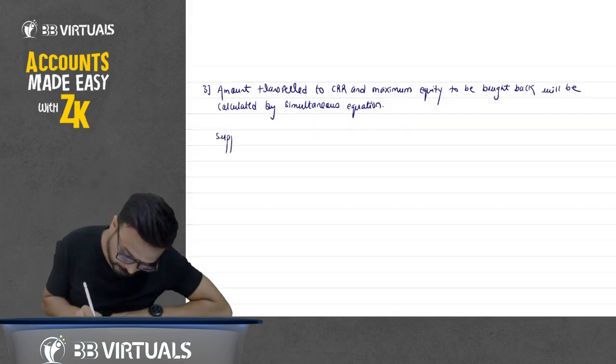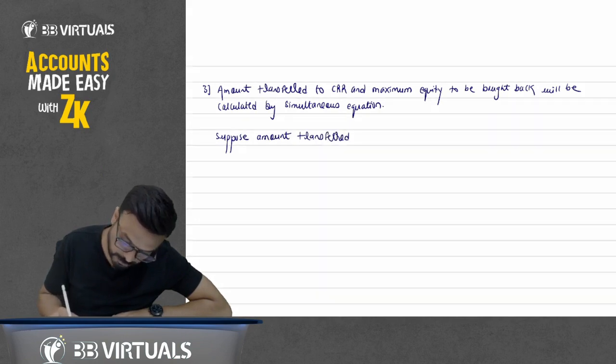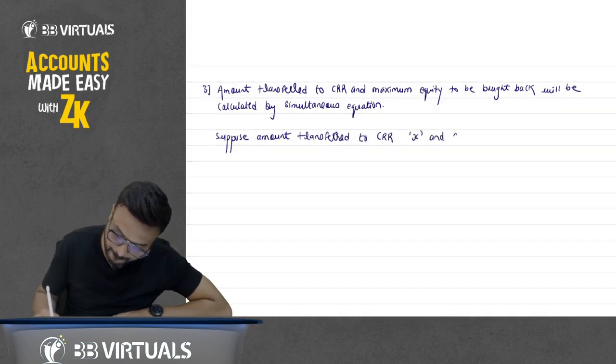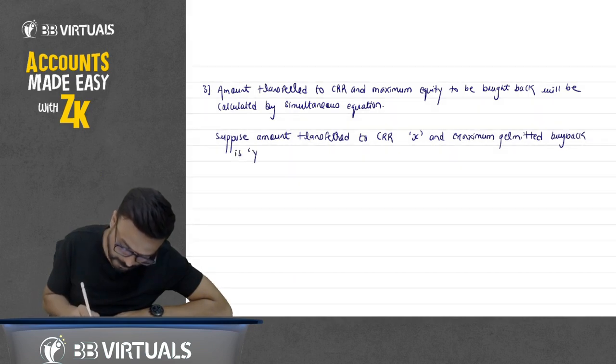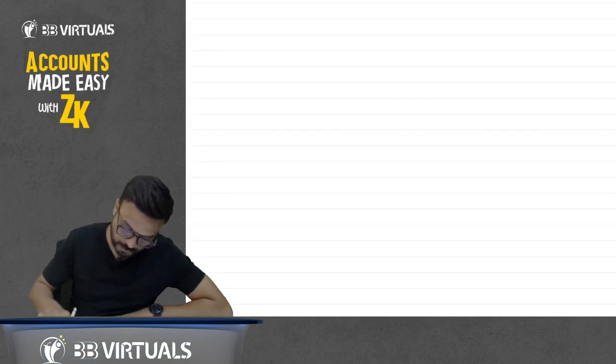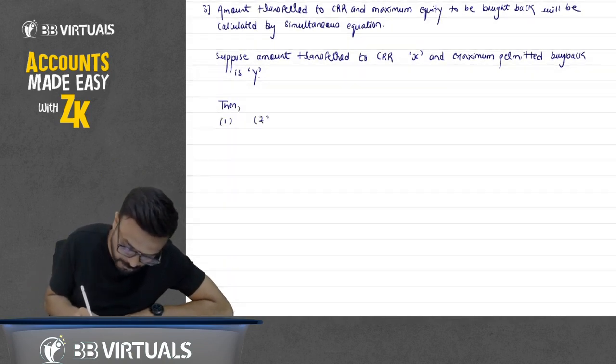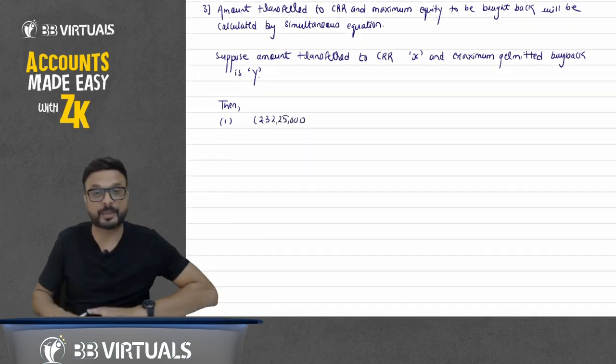Okay, write down here. Suppose amount transferred to CRR is X and maximum permitted buyback is Y. Then the first equation is: I have 32,25,000 as the present paid up capital and free reserve.